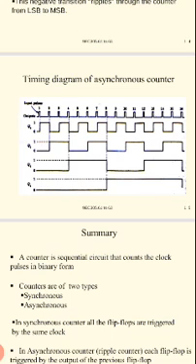Counters are of two types: synchronous and asynchronous.